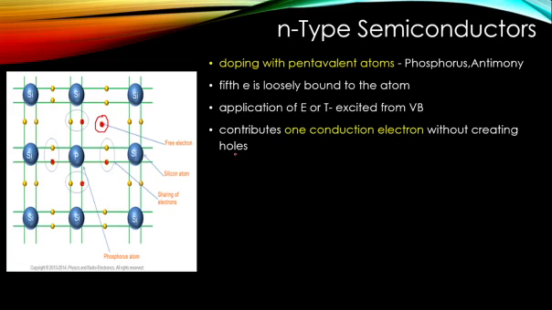Why is no hole created? Because it is not present in the bond formation. Only if there is a vacancy of electron in the bond can you term it as a hole. There is no vacancy of electron in the bond. It is just loosely bound to the phosphorus. So it will contribute a conduction electron, but no holes are created.